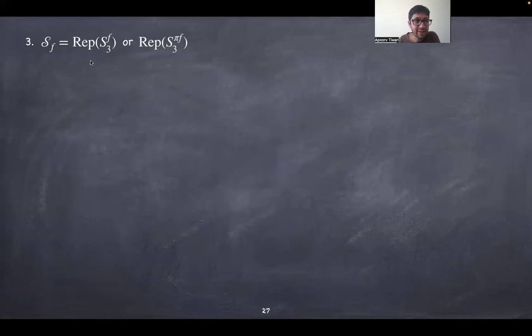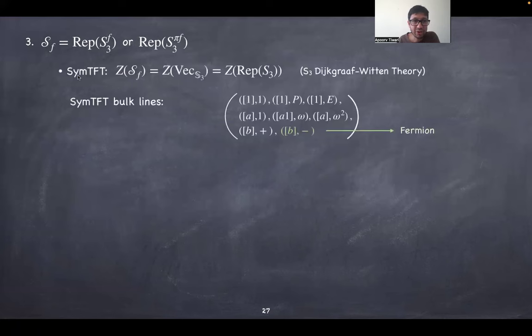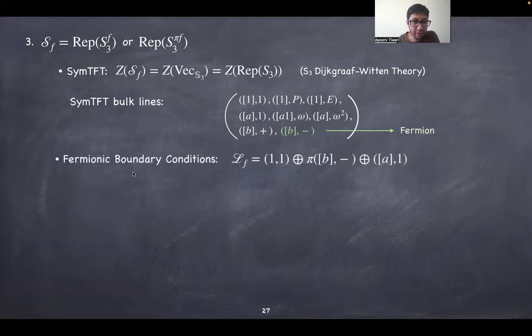And lastly, there's this Rep S3 times F, or Rep S3 pi F symmetry, which is realized on the boundary of the Rep S3 Dijkgraaf-Witten theory. This theory has 8 lines, one of which is fermionic. So we can define a fermionic boundary condition on the boundary of this theory.